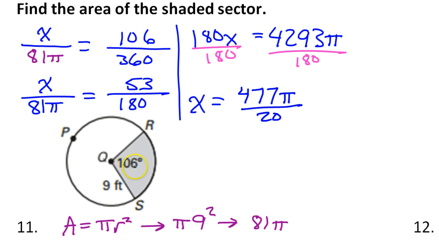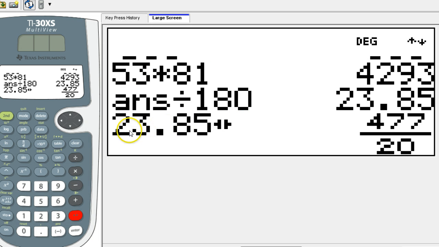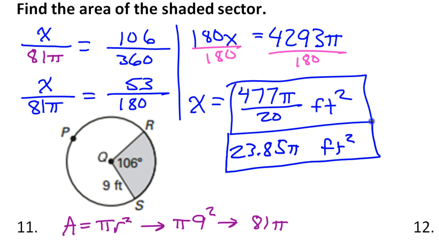We're talking about area, and it was feet, so that's square feet. So that would be an exact answer. If I did the 477 divided by 20, another form of the answer, still exact, would be 23.85 pi square feet. So that's another form of the answer.